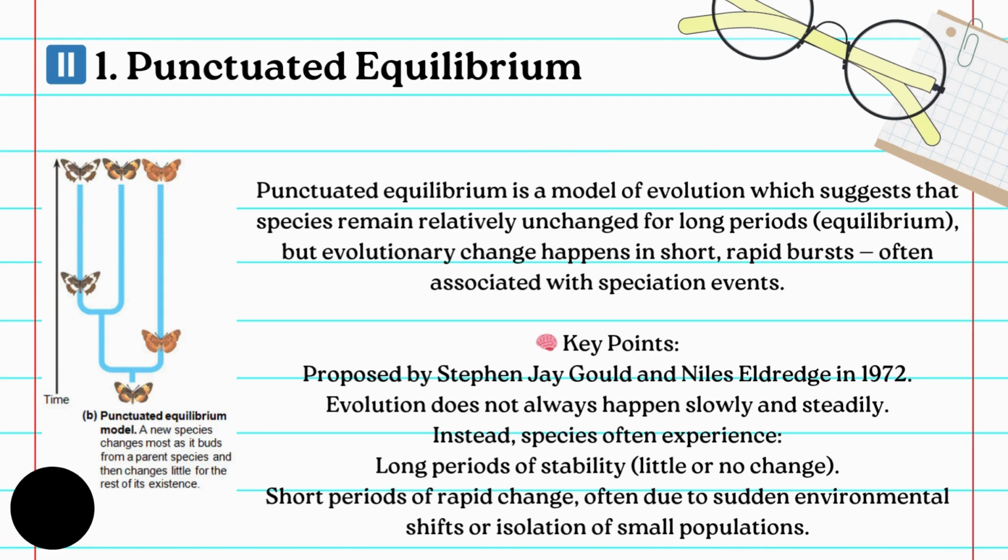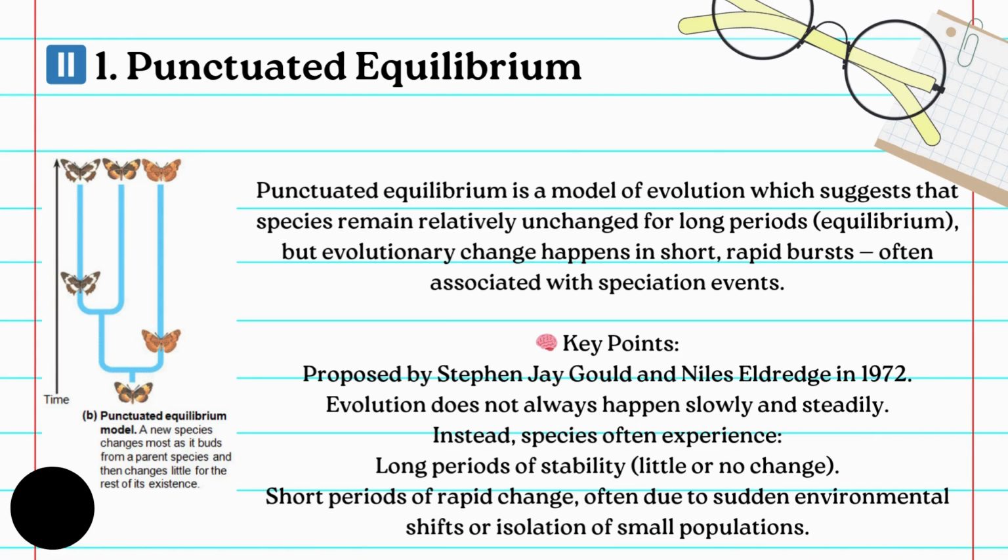So maybe there's something wrong with the weather that happened in that short, quick time, and that resulted in so many short-necked giraffes dying, not being able to reproduce because of this environmental change, and now the long necks are surviving and able to pass that on. So this is what punctuated equilibrium is trying to show.